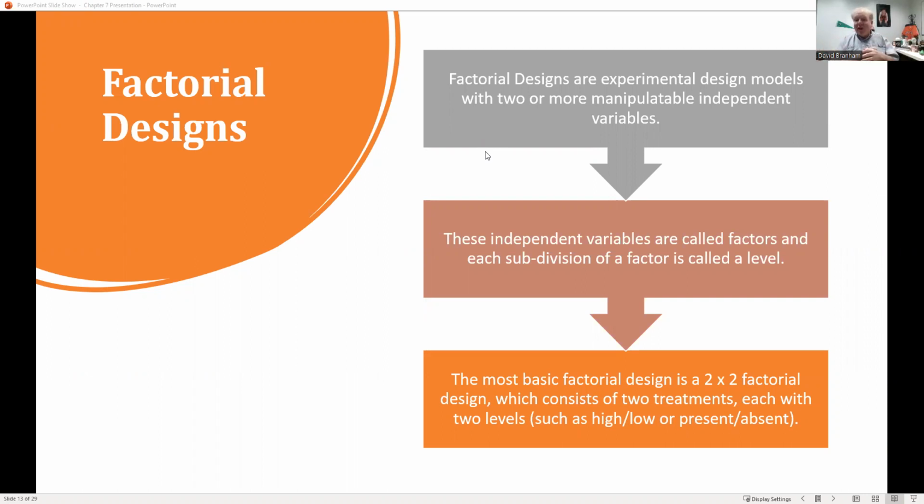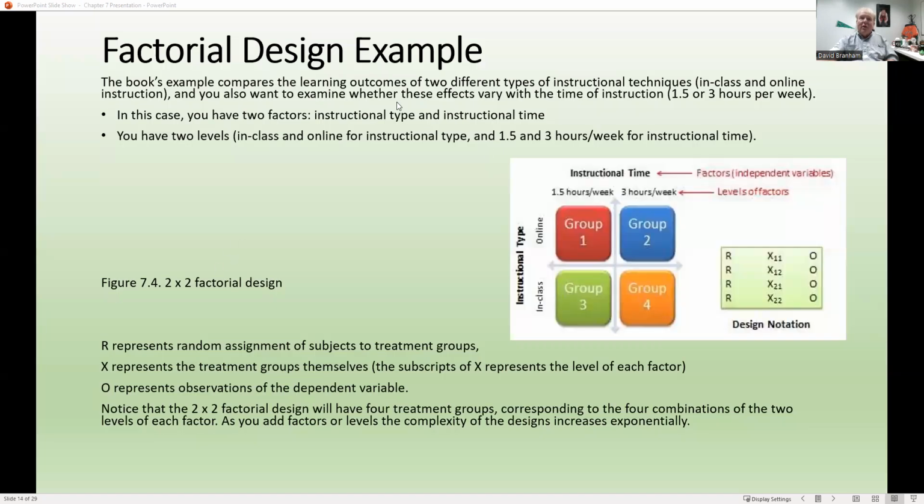So the most basic factorial design is a 2x2 factorial design, which consists of two treatments, each with two levels, such as high-low or present-absent. Here is a factorial design example. The book's example compares the learning outcomes of two different types of instructional techniques: in-class versus online instruction.